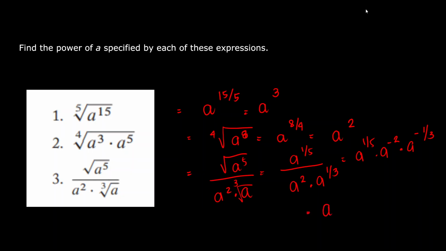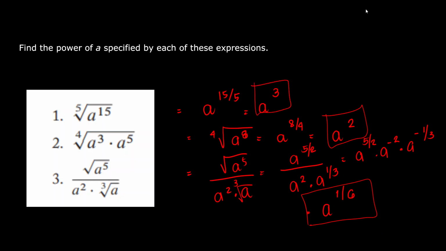That is, this is 5 halves pala. Sorry. This is wrong. Okay. This should be 5 halves. Okay, ayan. So, 5 halves minus 2 minus 1/3, that is equivalent to a raised to 1 over 6. So, this is our final answers.